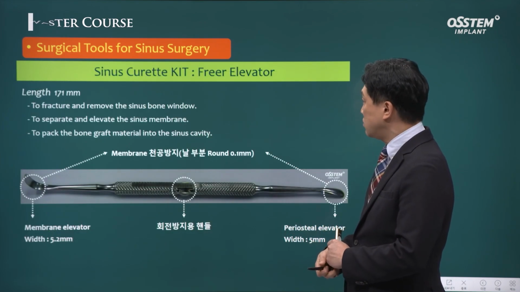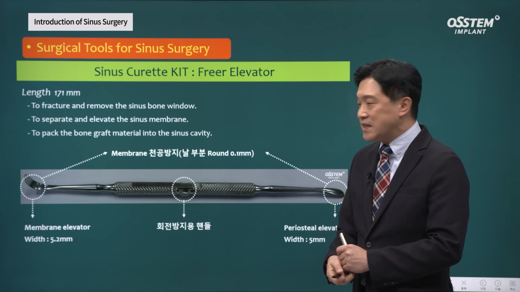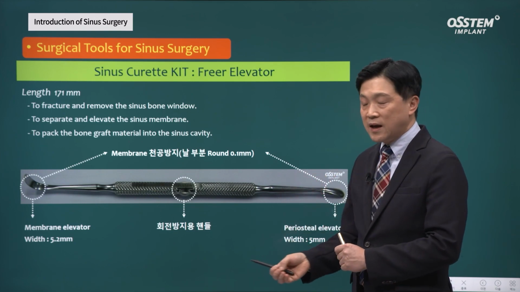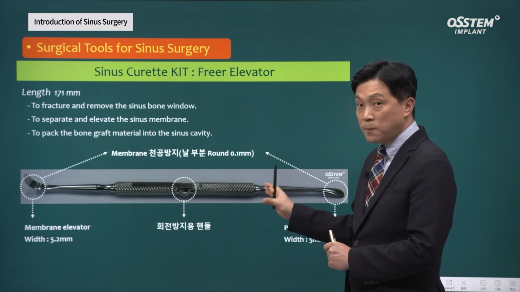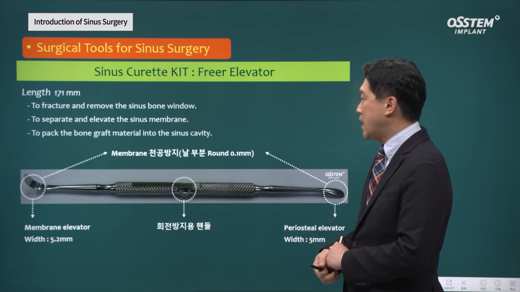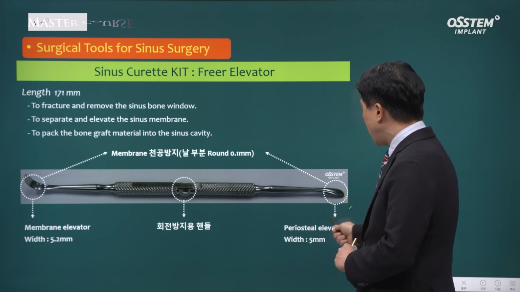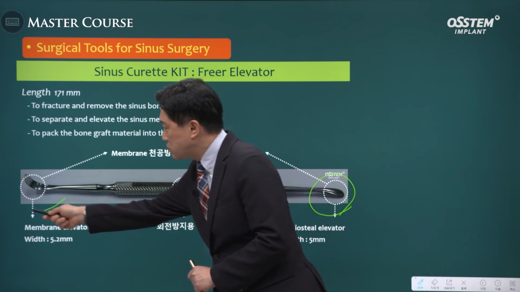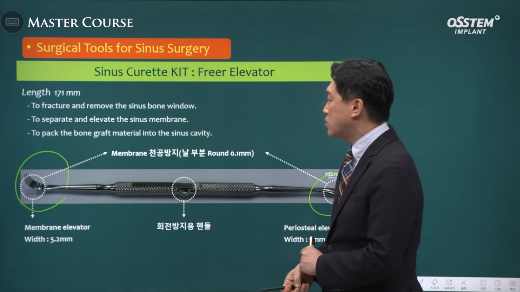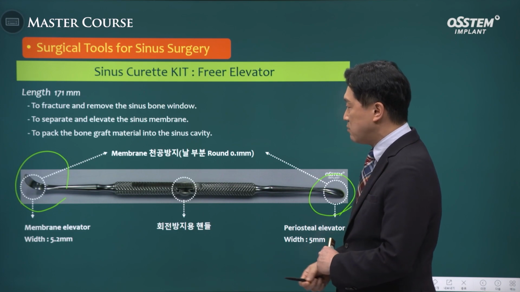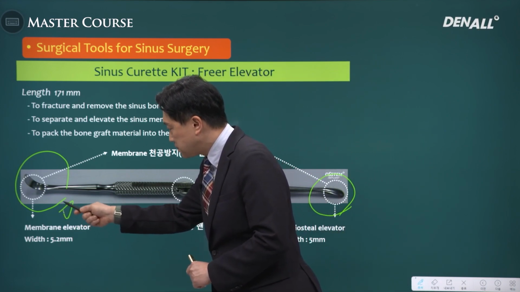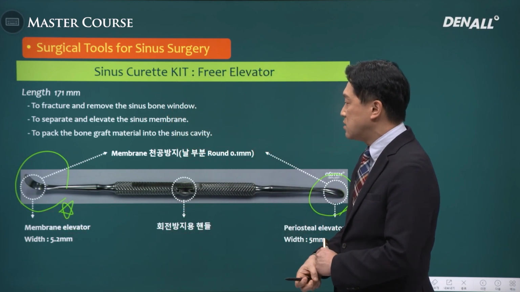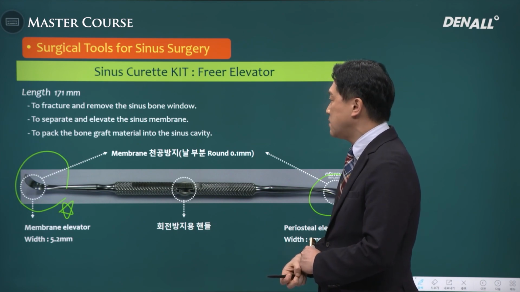Next is freer elevator. This is most basic. This is a smaller version of nasal freer. There's flat end and concave end. At the beginning, curved end is used to elevate the membrane.